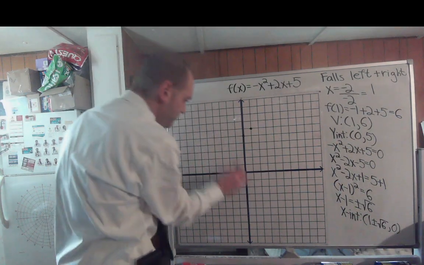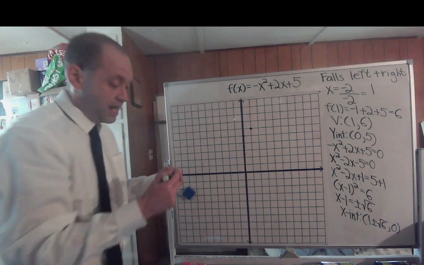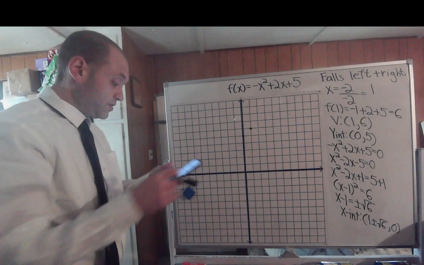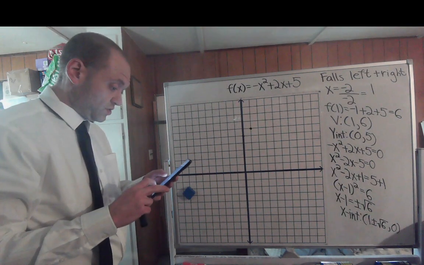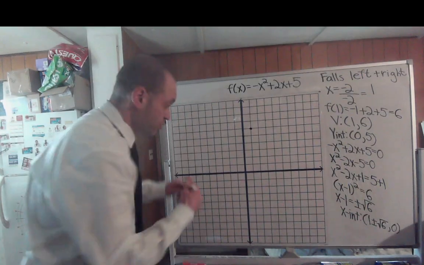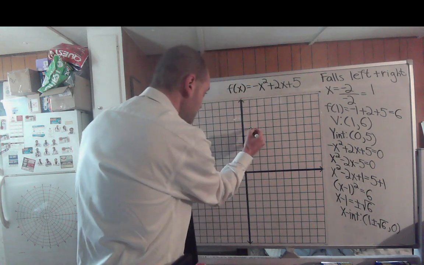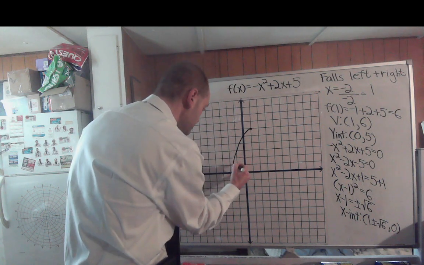Whoops, I'm off a little bit. There's about negative 1.45. Now what about the other x-intercept? Square root of 6 plus 1, that'd be at about 3.45. About right there. So now let's go ahead and draw this graph.